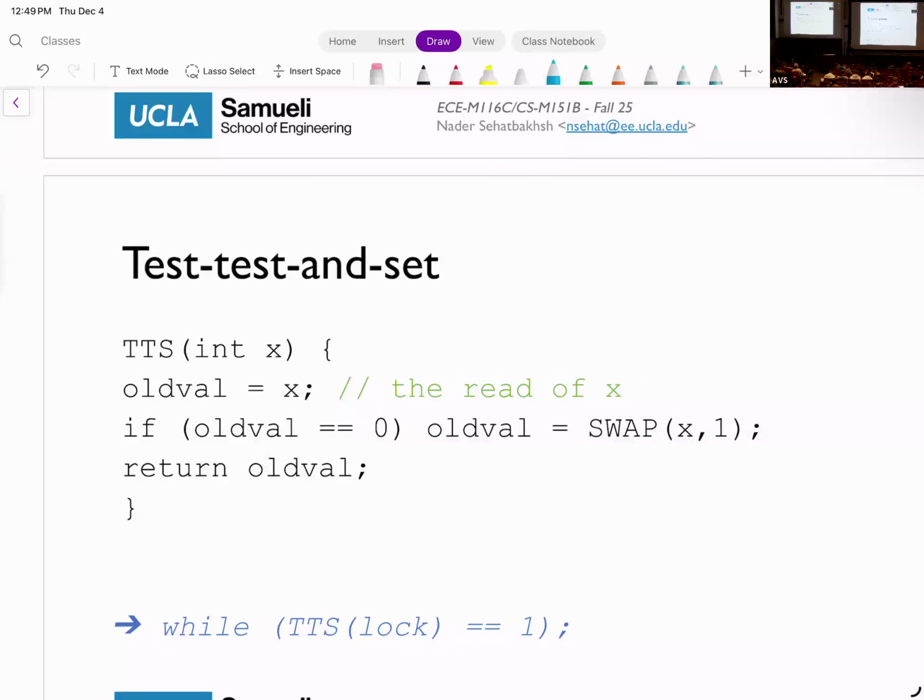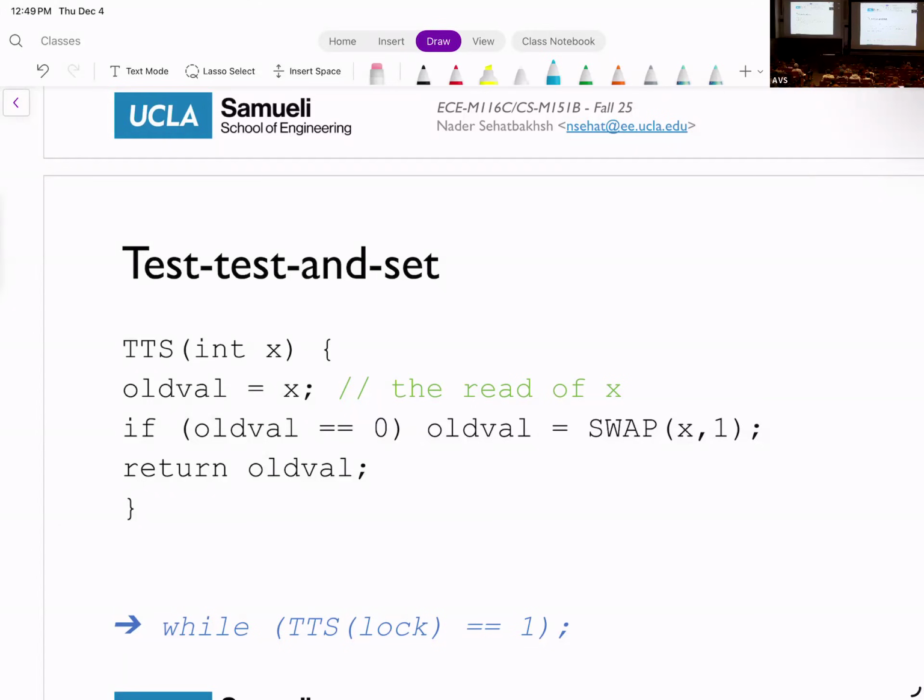It first reads the current value. If the current value is already 0, then it tries to grab it. If the value is already 1, it's not even going to try, because what's the point of grabbing the lock if the lock is already grabbed by some other core?